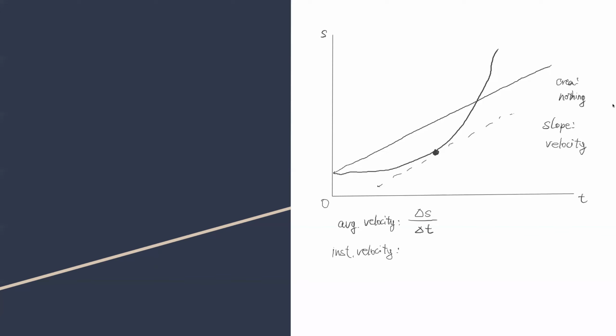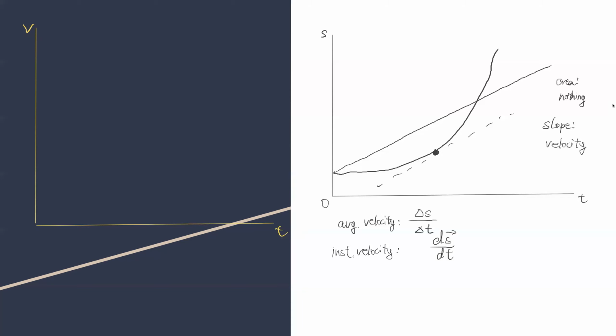I'm still going to write out the equation, but it's not necessary to memorize this. This is the ST graph. For the VT graph, it's a little bit different.